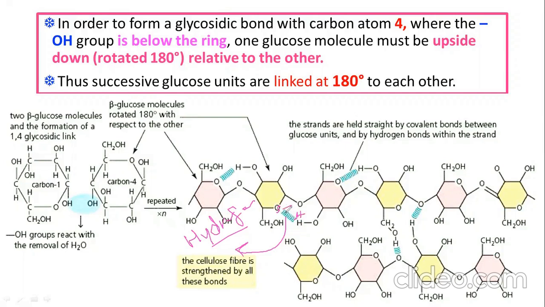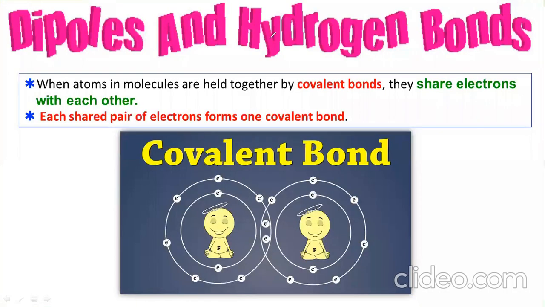Am I clear? They will share electrons, but that electron will be nearer toward oxygen. So this is called what? Hydrogen bonding. Now we will discuss this in detail. I hope this is clear. So, all right, boys, dipoles and hydrogen bonding.